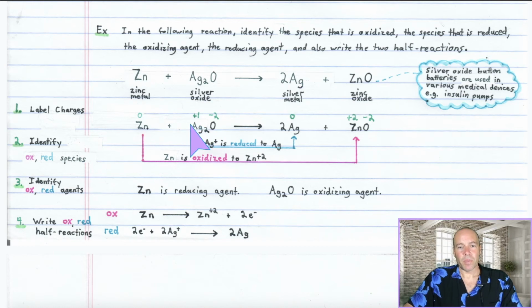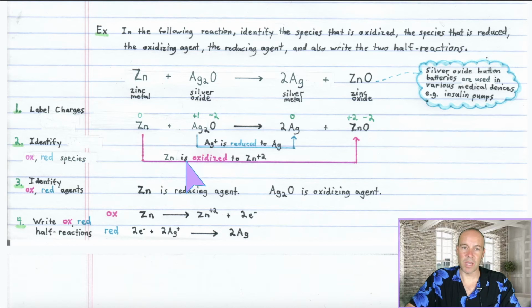And the oxidizing agent contains that which is reduced. Okay, it's the whole substance which has the species that's reduced. So since silver +1 is reduced, we call this the oxidizing agent. The oxidizing agent is the substance containing that which is reduced.